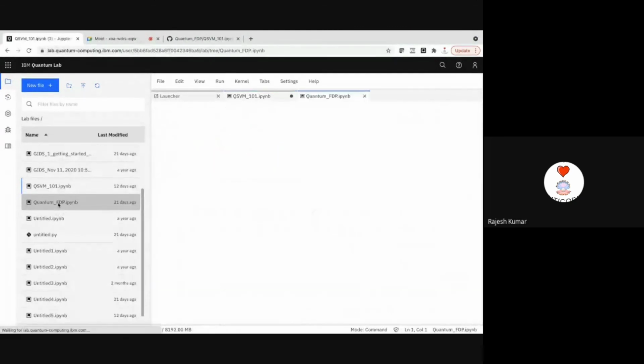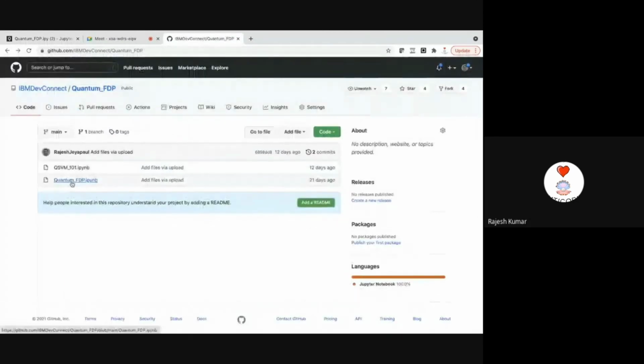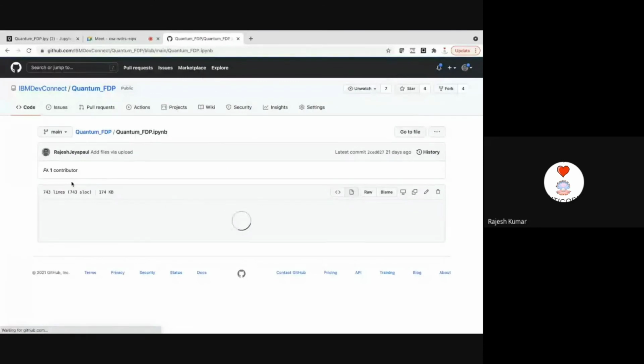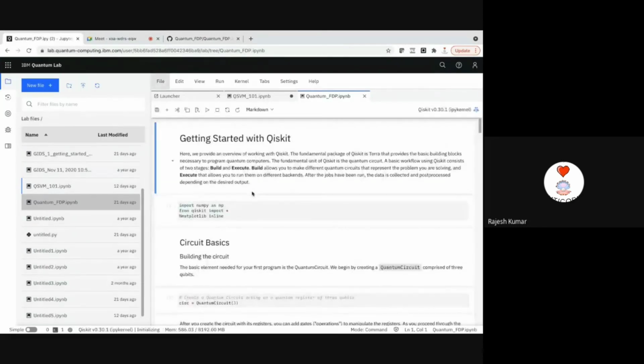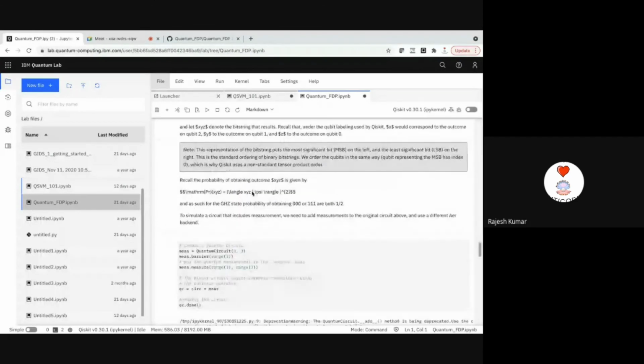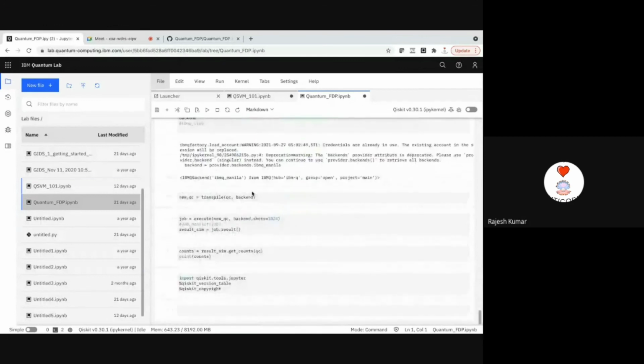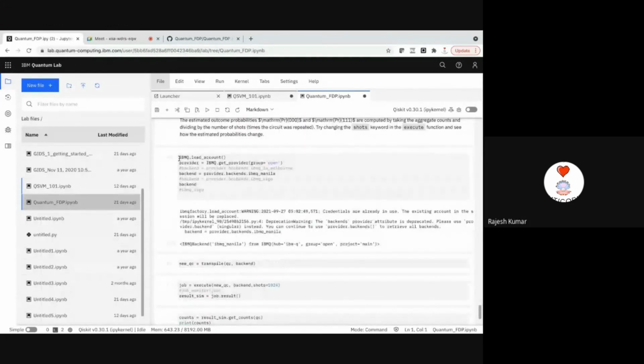If you want to run this in the actual quantum environment, I have another program available over here, quantum FDP. It's a different program altogether, but the last part will be important for us. Yeah. So you are taking the account from IBM.